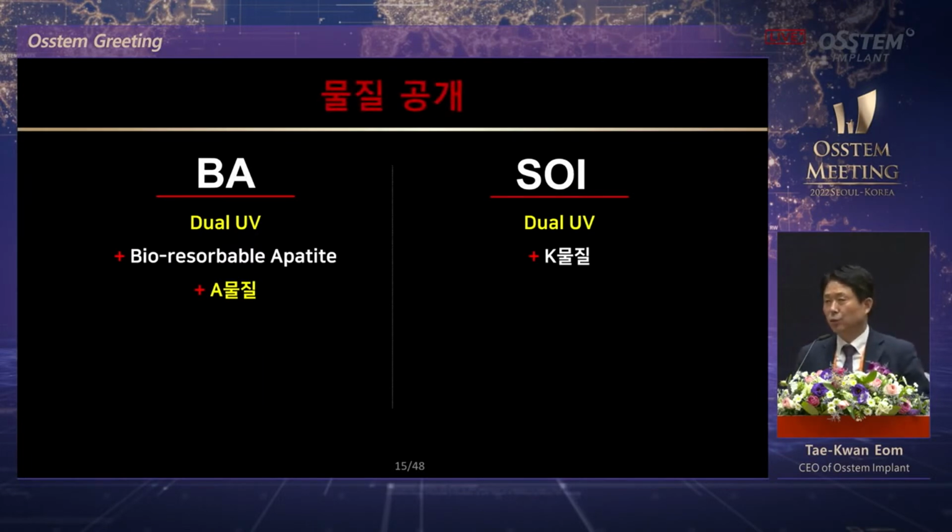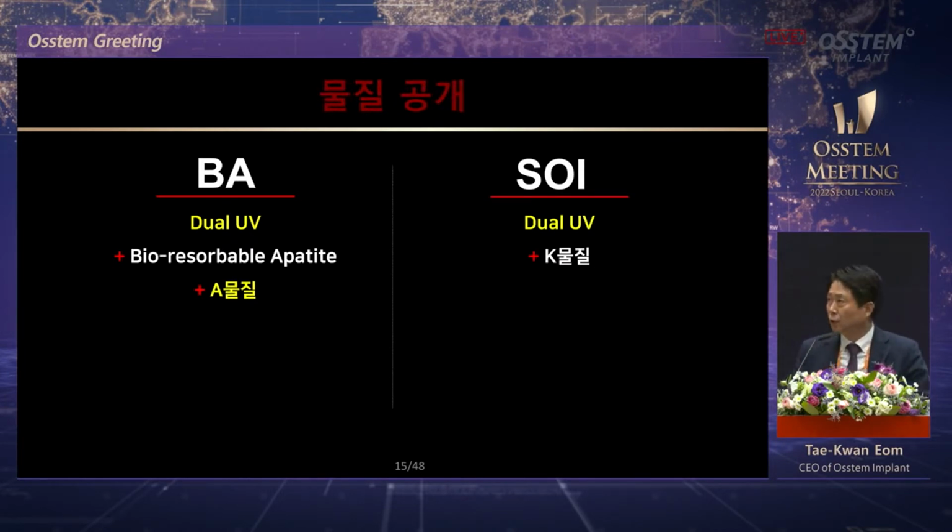We talked about UV effect for BA or soy, even though we didn't use the term UV, and we used the term K material. We didn't disclose what material that is because it is secret.